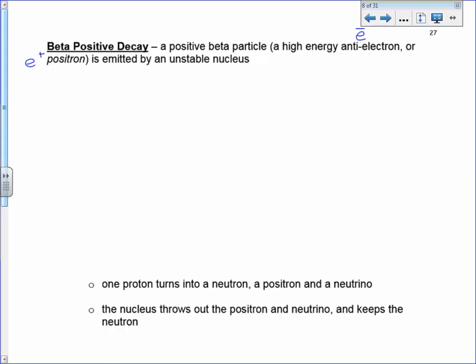So what we have, again, we've got our parent nucleus. It undergoes beta positive decay. So we still have a zero on the top, but on the bottom now it's a positive one instead of a negative one, and then beta. So then what happens here is the A stays the same on the top, and then we subtract 1 off the atomic number.